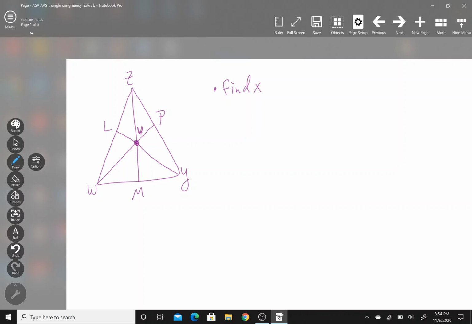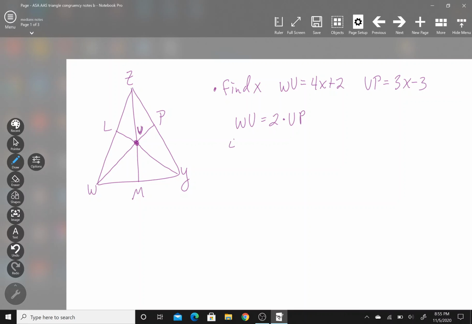They're saying find X if WU is equal to 4X plus 2 and UP is equal to 3X minus 3. Okay, WU is the big part and UP is the small part. Your big is 2 times your small. So WU is 2 times UP.